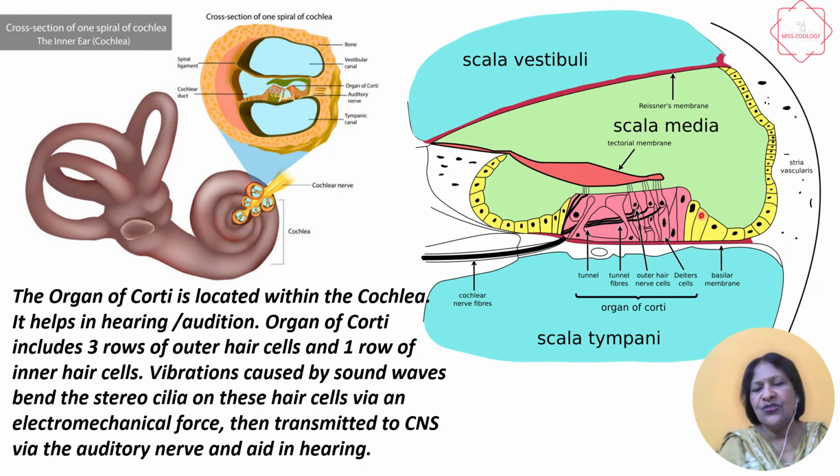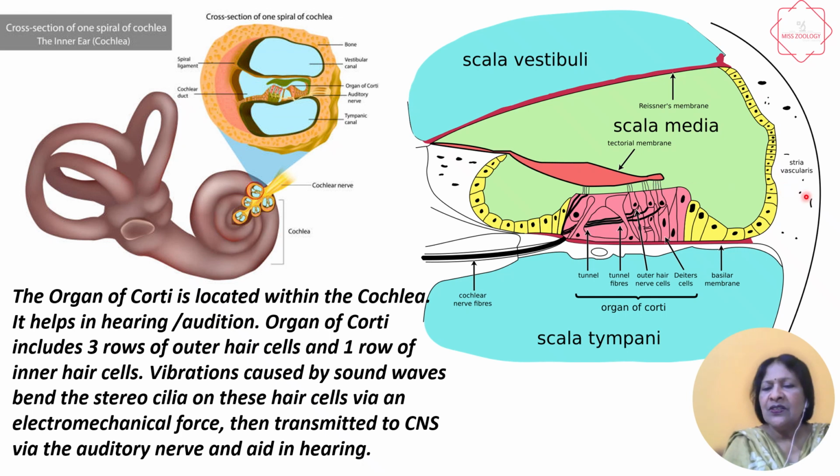And these sensory cells, which are located right on the base of the basilar membrane, will be resonating in bigger numbers when the loudness of sound is more, and fewer of these sensory cells will be bending if the loudness of sound is less.